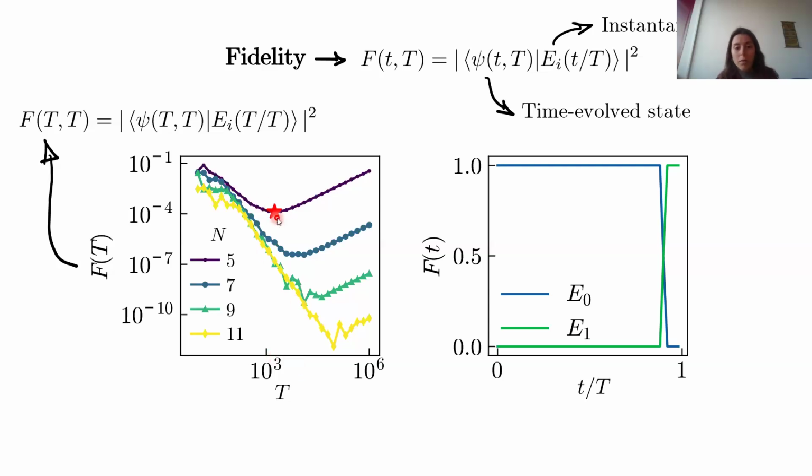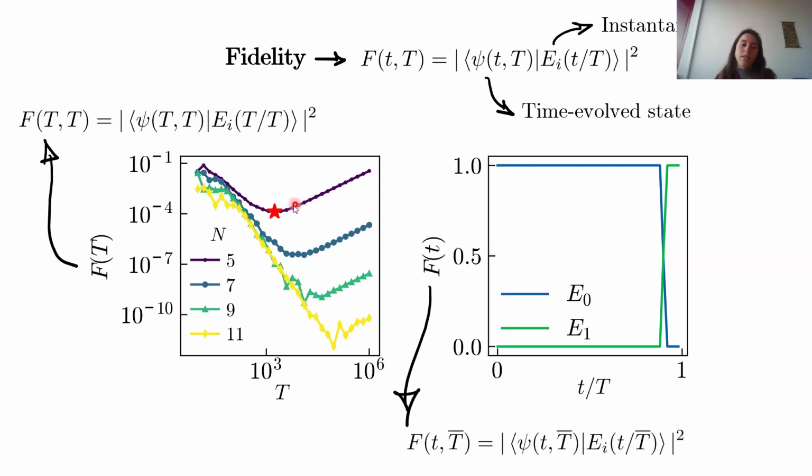So this is of course a problem, and what we can also do is consider the instantaneous fidelity. If we focus on a 5-spin system and a final annealing time of 2000, which is now T bar, we see that the time-evolved state overlaps well with the instantaneous ground state, up to a time where the gap closes exponentially, where the Landau-Zener transition occurs.